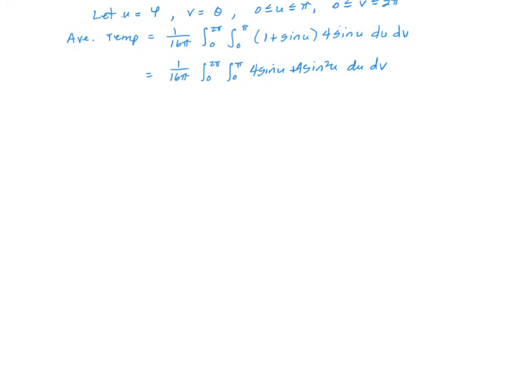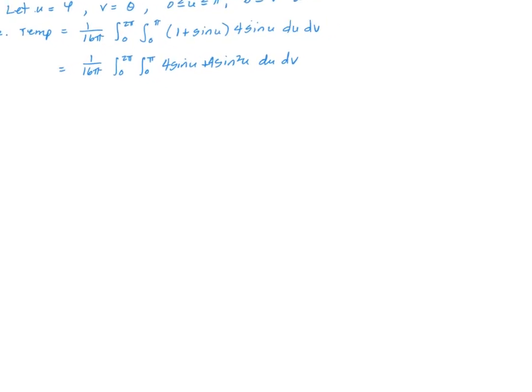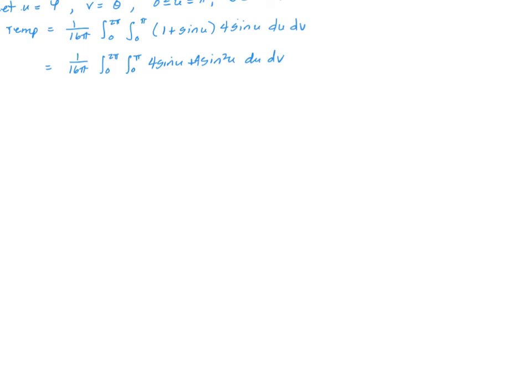So this 4 sine squared u, going back to trig, I can write that sine squared u is equal to 1/2 times 1 minus cosine of 2u. So if I multiply that by 4, that's just going to be 2 minus 2 cosine of 2u.